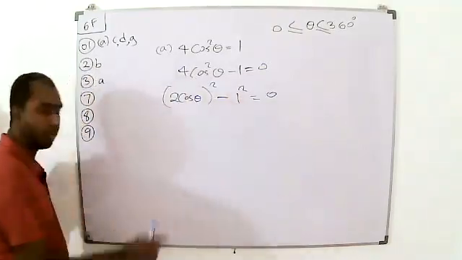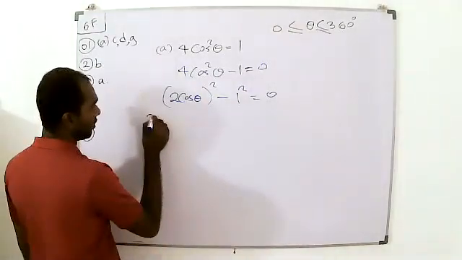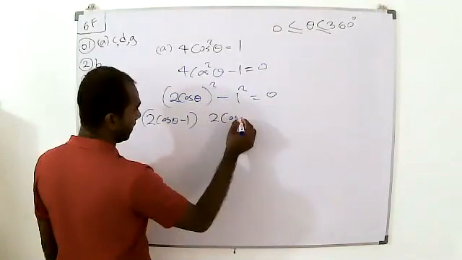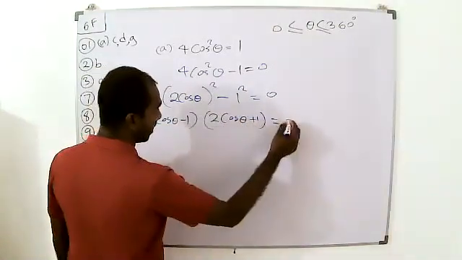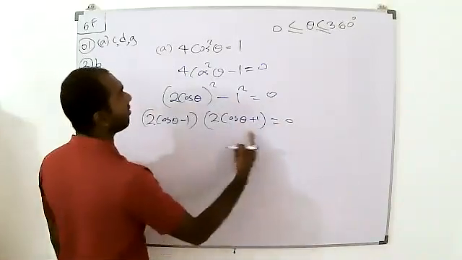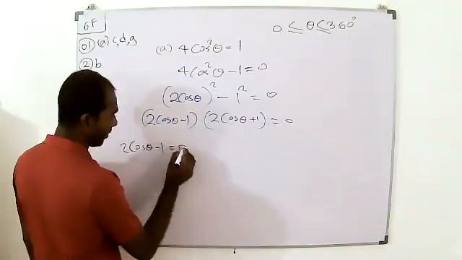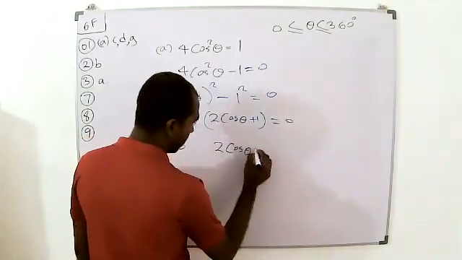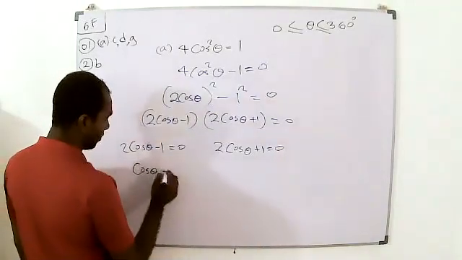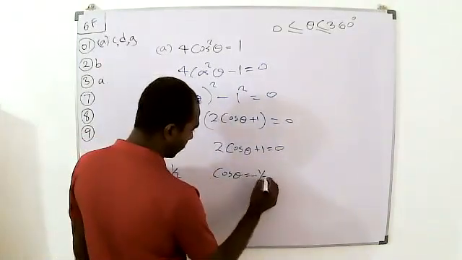What are the factors of a difference of 2 squares? I can write this as (2 cos theta minus 1)(2 cos theta plus 1) equals 0. Now, two things getting multiplied equal to 0, so we can separately equate each to 0. So 2 cos theta minus 1 equals 0 or 2 cos theta plus 1 equals 0. So cos theta equals half or cos theta equals minus half.